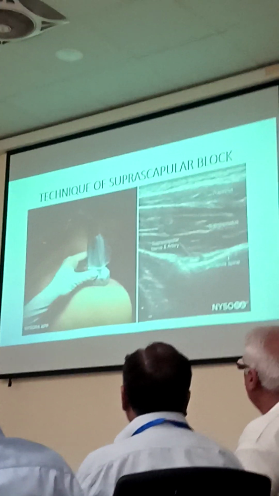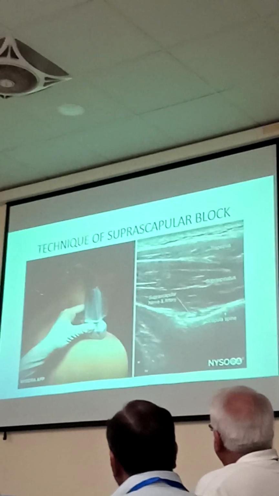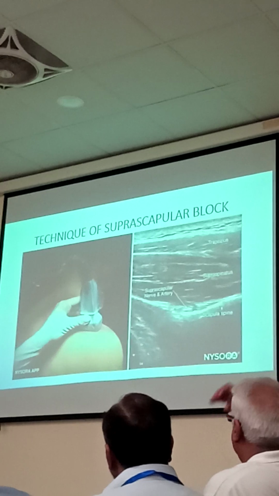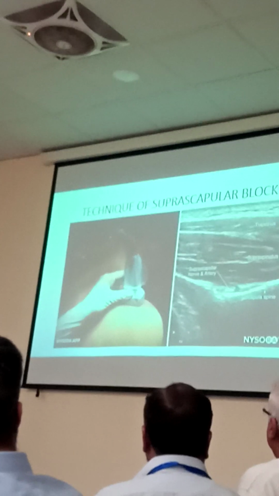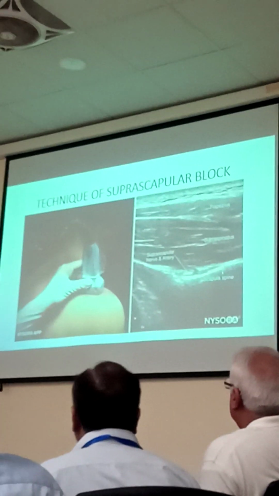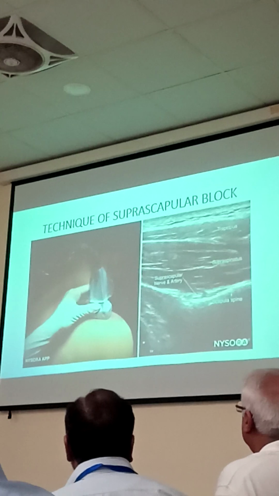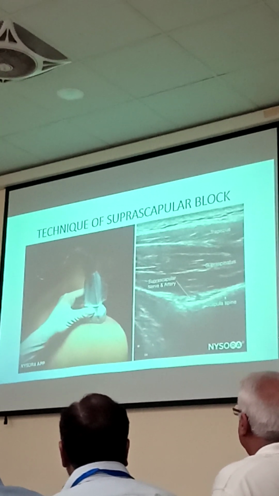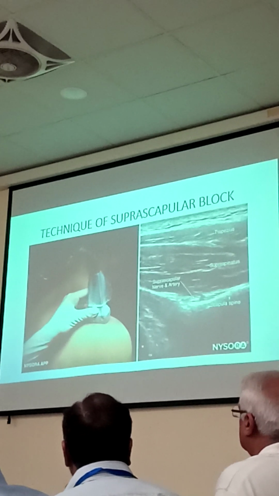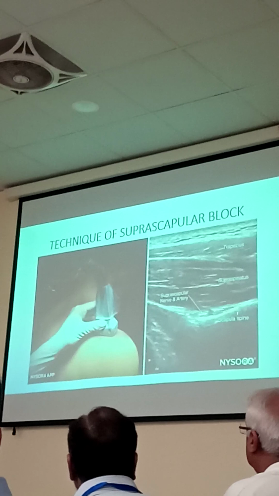Now, we will be practicing the technique of these blocks in the practice session. But here, just to give an idea, you can see in this picture the patient is seated with the probe in the scapular plane. The idea is just to scan the suprascapular fossa.